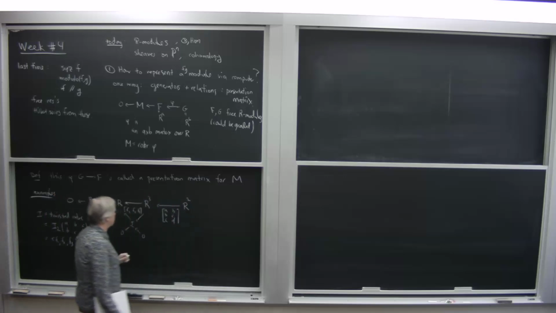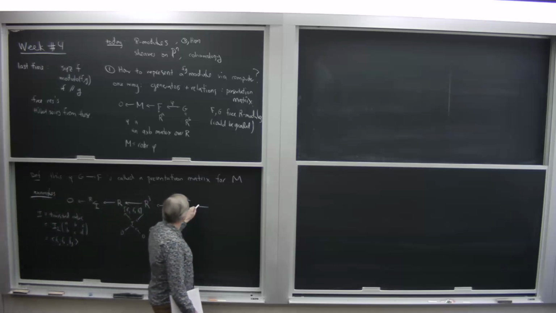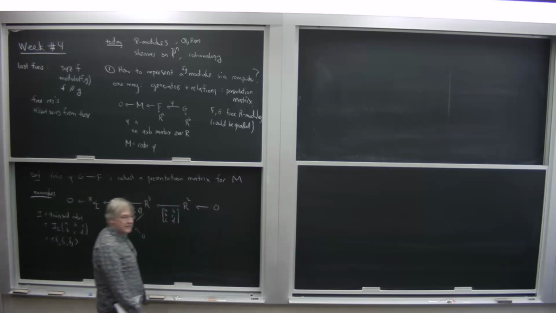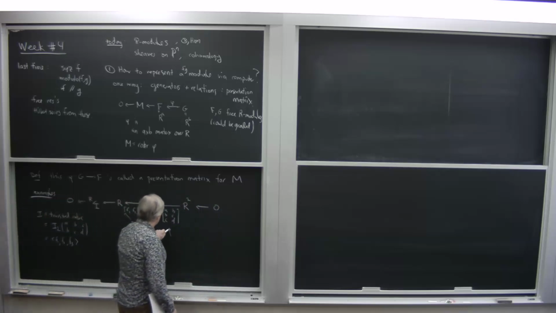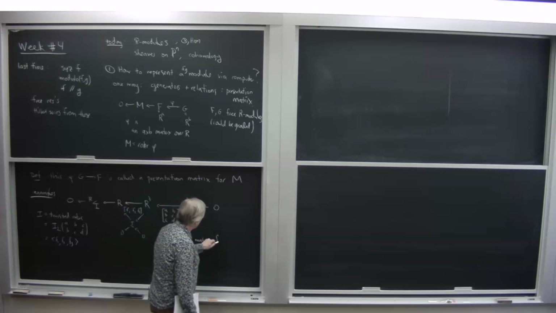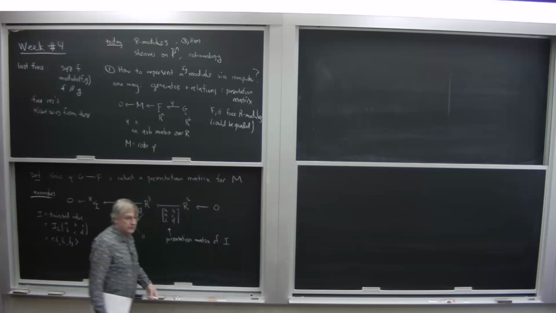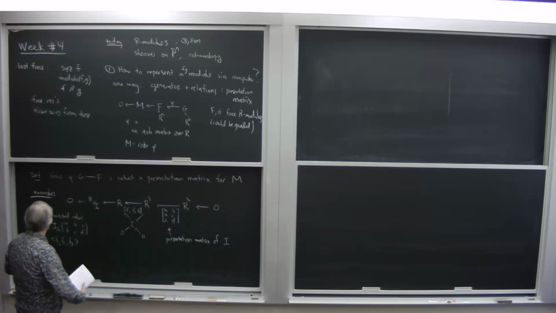If I choose the F1, F2, and F3 correctly, this is the syzygy matrix on those 3 generators. Okay, we've done this one before, I think. But this is the presentation matrix of I. Okay, so this is the kind of thing that you want.